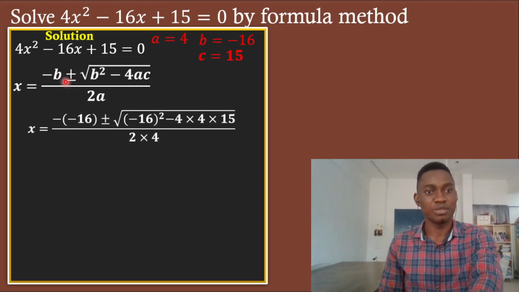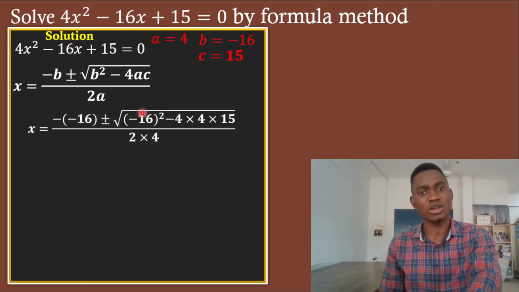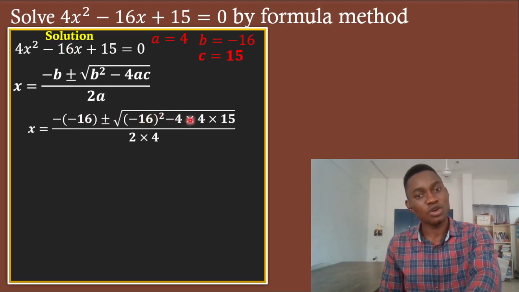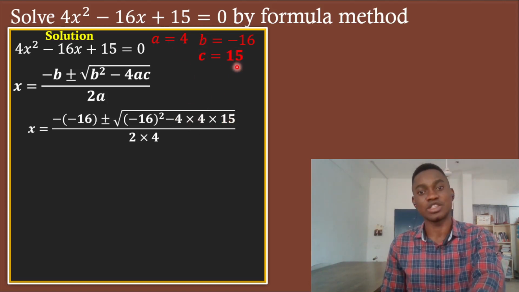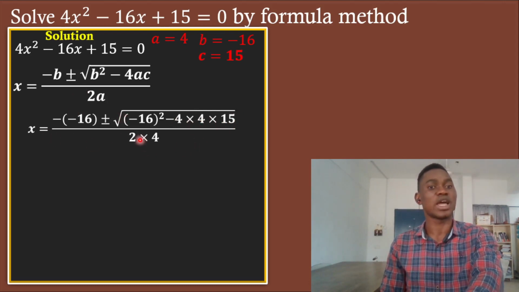Alright, so our B is minus 16, as you can see here. Then plus or minus the root of minus 16 squared, which is B squared, minus 4AC, that is 4 times 4 times 15. Our A is 4, and our C is 15. Then all over 2A, 2 times 4.